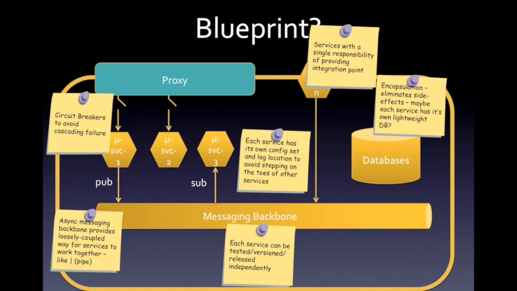But if the service is in support of an API, a RESTful API, or in support of a web application, then you probably want to tuck those behind a proxy.